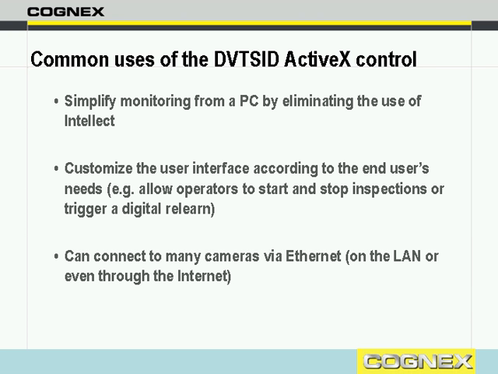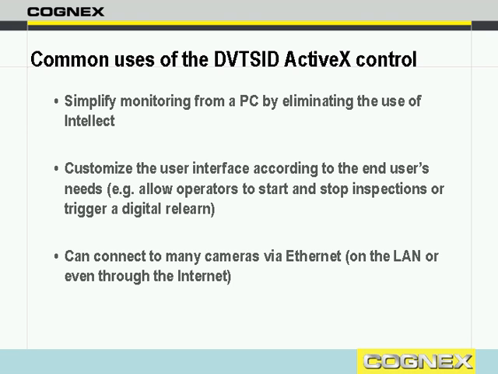But there's more functionality as well from the DVT SID control. You can allow operators to start and stop inspection. So there is a lot of the functionality that's available in Intellect. General functionality, not very specific, and almost no setup functionalities is available except maybe switching products or job files on the camera side and that sort of thing.